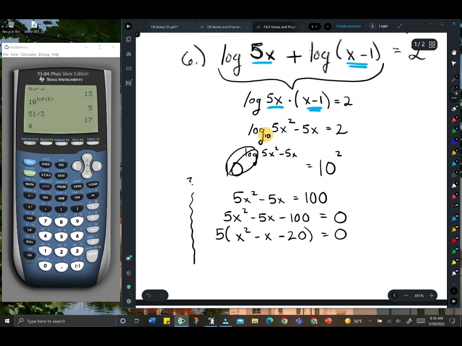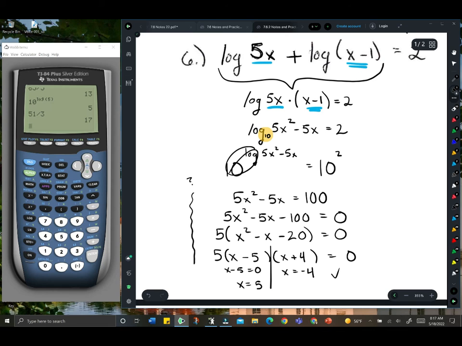Let's see if you remember your factoring skills. We need factors of negative 20 that add to negative 1. So that would be negative 5 and positive 4. Then we have 2 little mini equations to solve. X would be x minus 5 equals 0. So 5 and also negative 4.